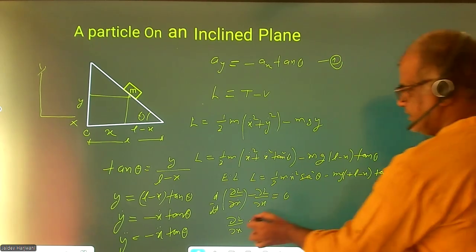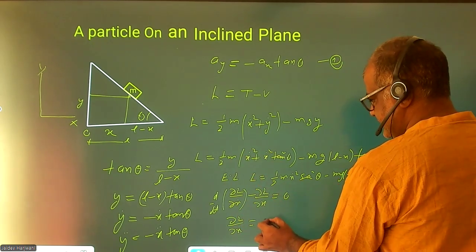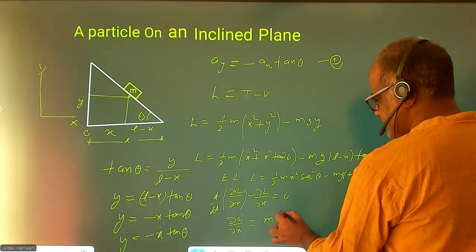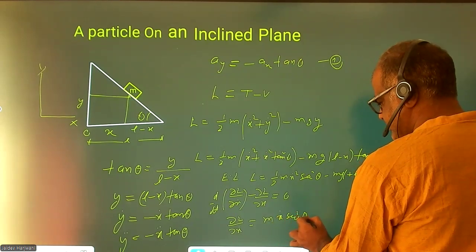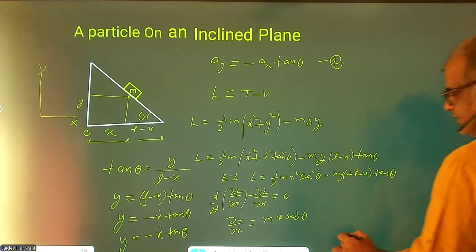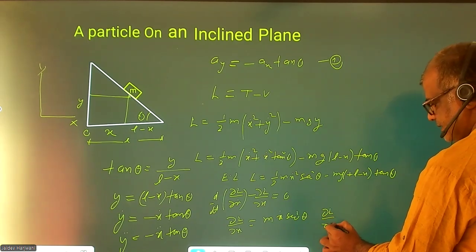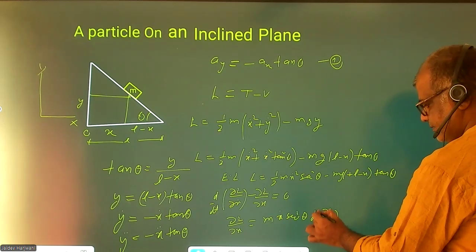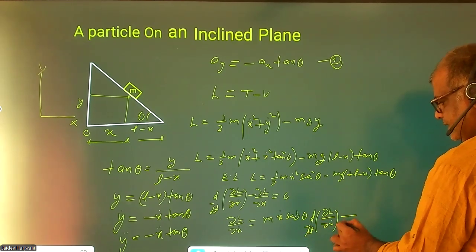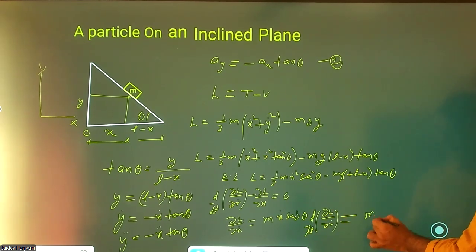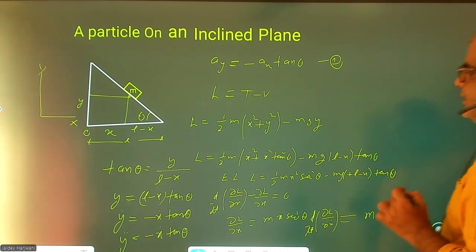If I differentiate this, it gives me m x dot sec squared theta. And if I differentiate this with respect to time, d by dt gives me m x double dot sec squared theta.